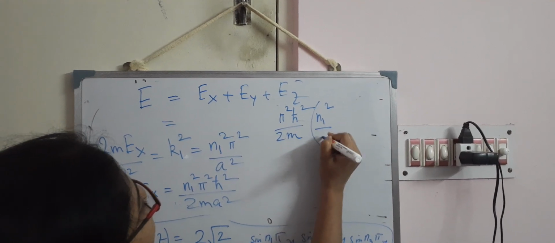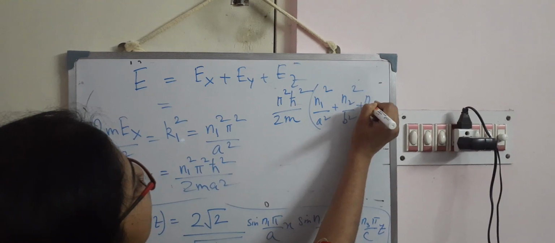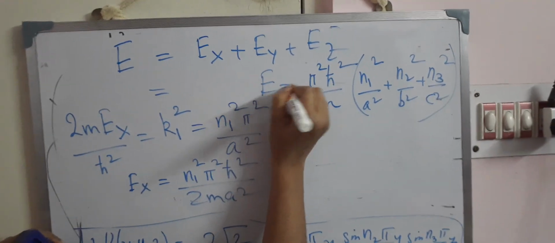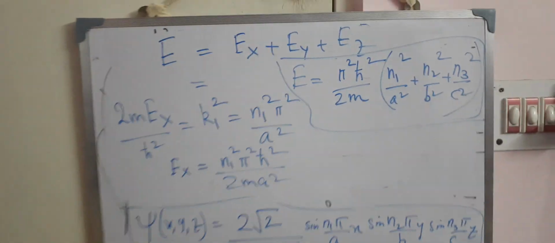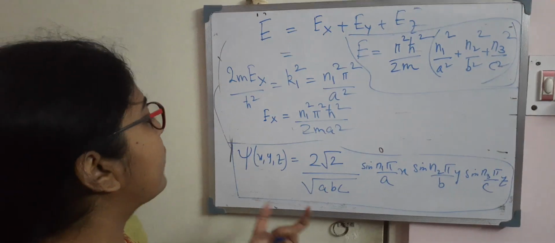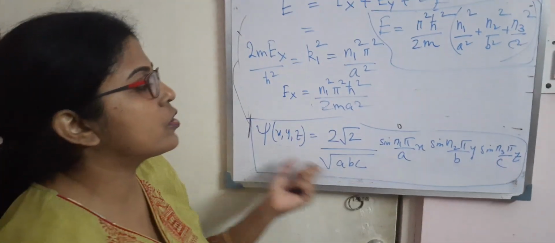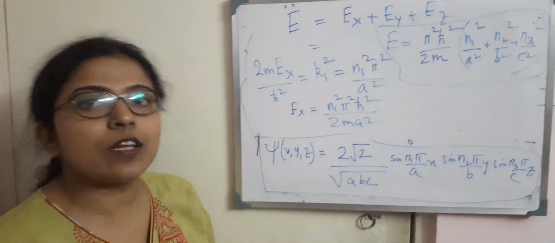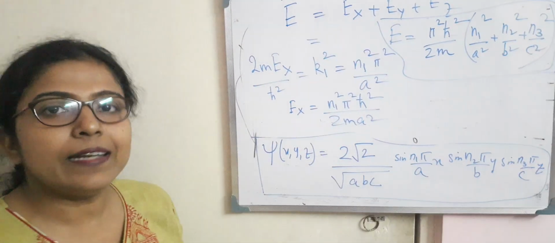So you have n1 square by a square plus n2 square by b square plus n3 square by c square. So this is how your energy eigenvalues look here. And this is how the solution of the time independent Schrodinger equation, the psi x y z, looks. Now in the next lecture I will discuss this solution as well as these energy eigenvalues in detail.